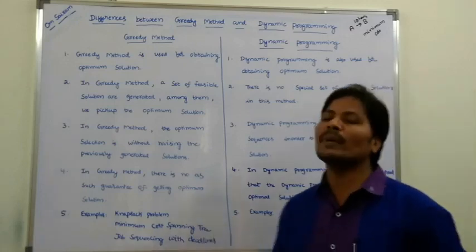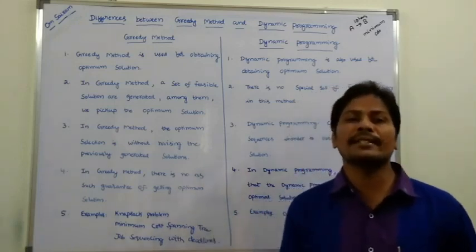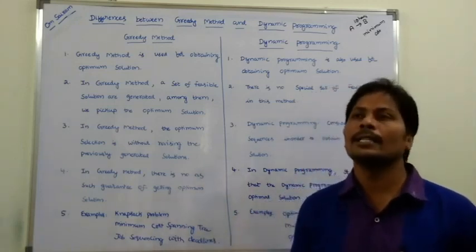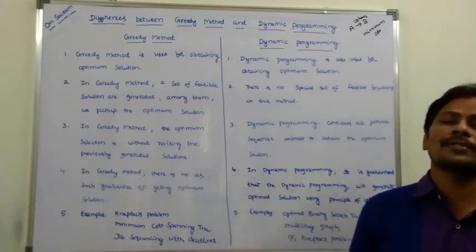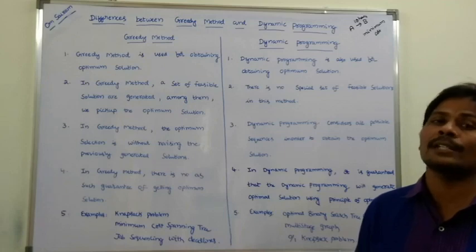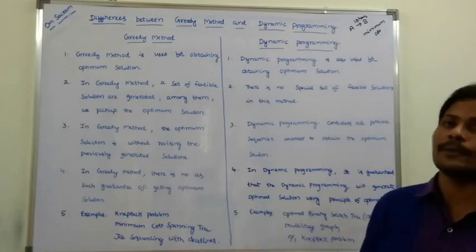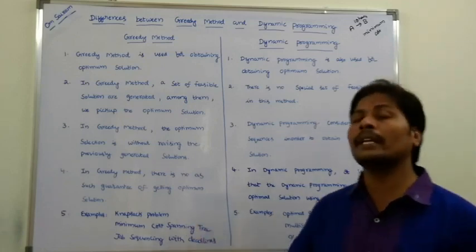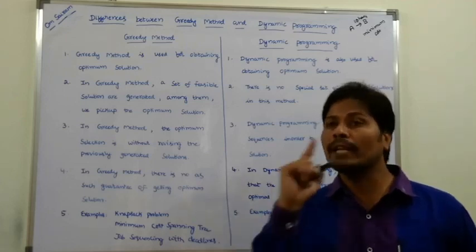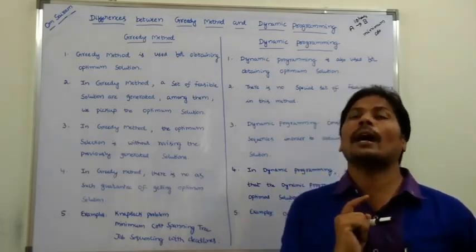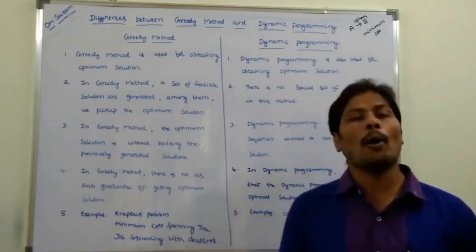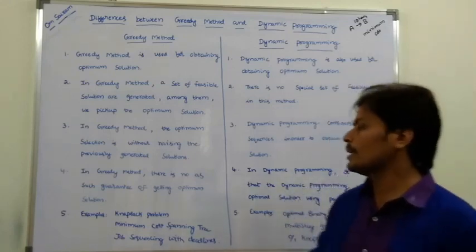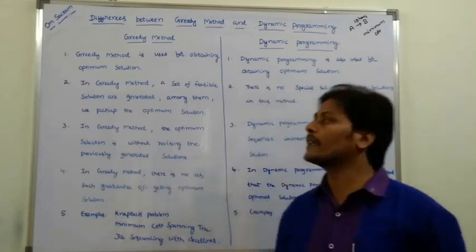Next, in the greedy method, only one decision sequence is ever generated. In dynamic programming, many decision sequences are generated in each and every stage for getting the optimal solution. But in the case of the greedy method, we can take only one decision, and the decision is taken for the entire problem. Next, what are the examples of the greedy method?